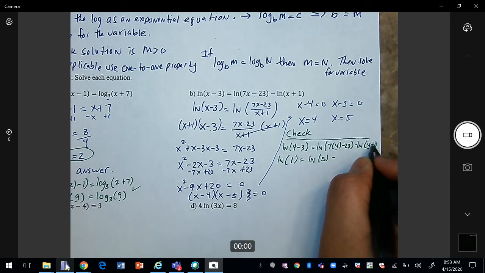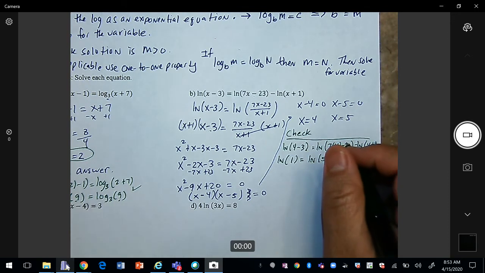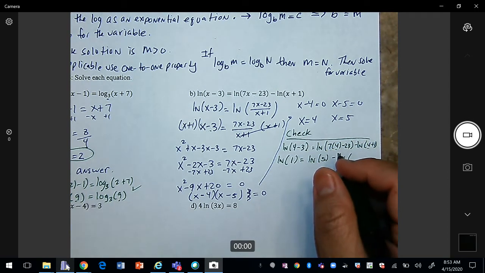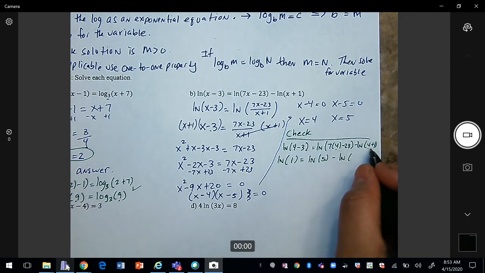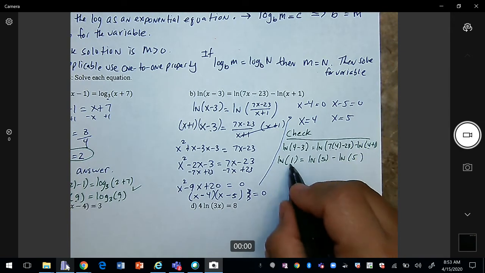Natural log of 4 plus 1, that's natural log of 5. So they're all positive.